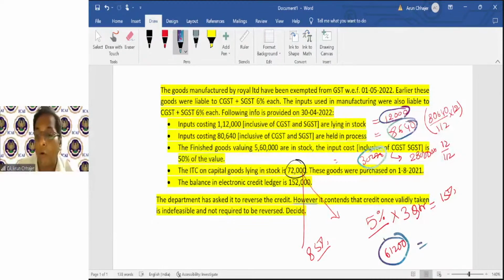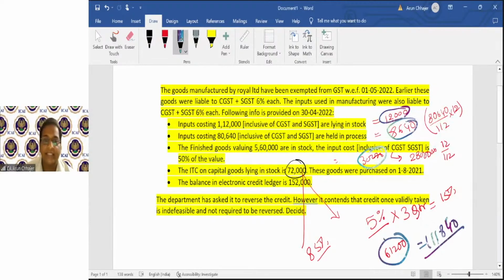So the total amount of reversal will come 1,11,840. This is the total reversal amount. Is that okay? यहां तक क्लियर है? यहां तक क्लियर है ना?